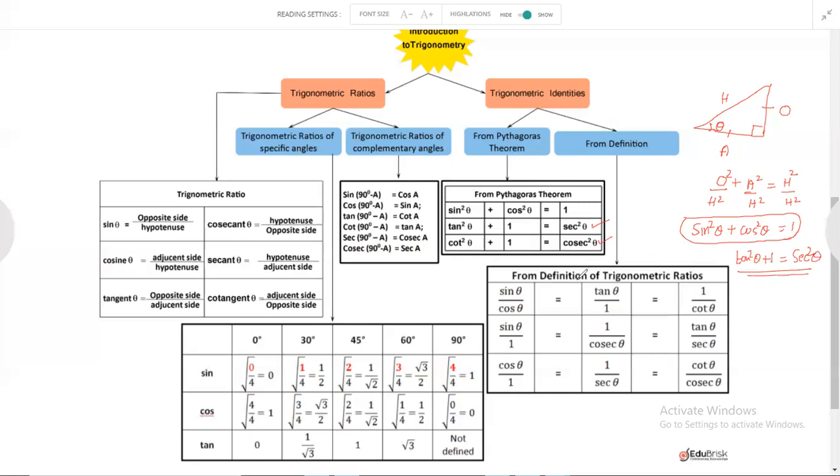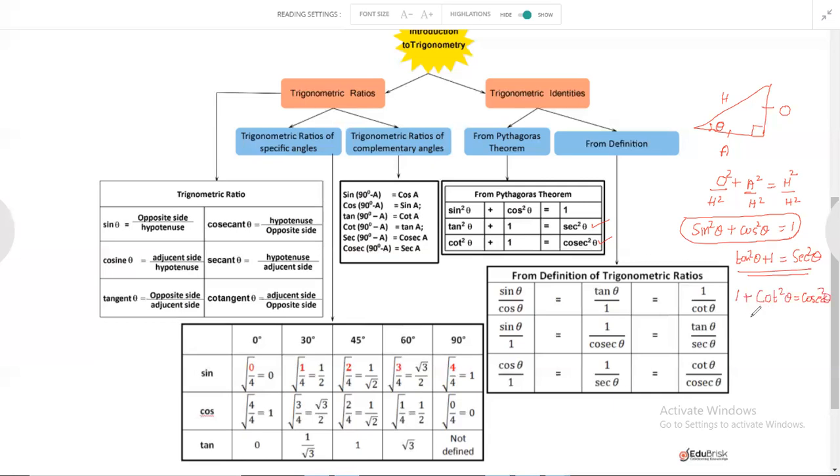For getting the third identity, first we divided throughout by cos square theta. Now we will divide throughout by the first term, that is sine square theta. So sine square theta by sine square theta is 1 plus cos square theta divided by sine square theta, cos by sine, which is cot square theta, is equal to 1 by sine square theta, which is cosec square theta.